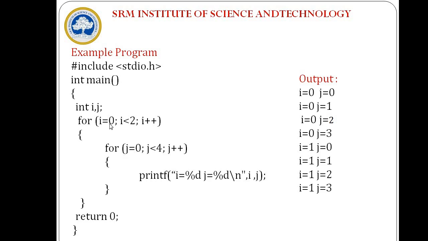Initially i is equal to 0, 0 less than 2, condition true, so it moves to the inner for loop. While entering the inner for loop, j is equal to 0, 0 less than 4, condition true, so it prints the values of i and j. Now i is 0 and j is 0. After printing, it updates the inner loop control variable j, which is incremented by 1. Now the value of j becomes 1. j less than 4, condition true, so it prints the values of i and j.